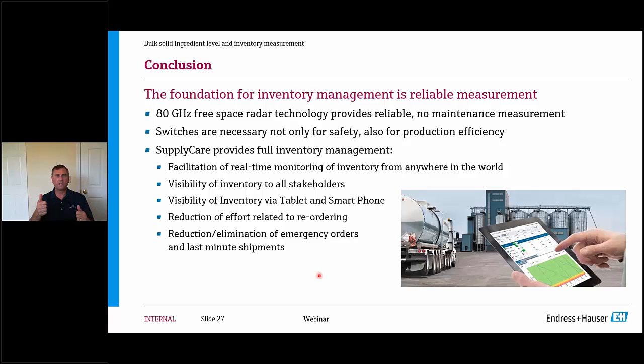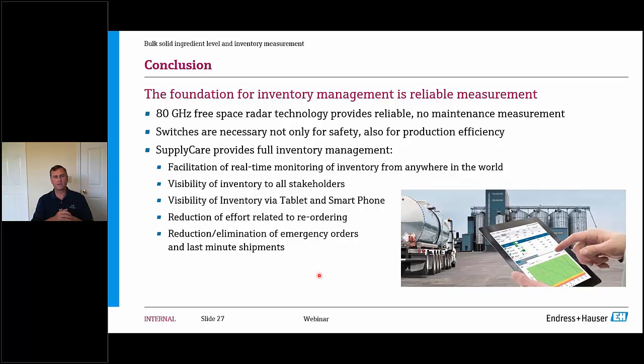Generally start with the 80 gigahertz free space radar, and if for some reason that may have restrictions to it, then you have guided wave radar, ultrasonic, or electromechanical as other options as well. And the switches, not only there for the safety, but also for production efficiency. Did you fill that silo up to the top level, or is there maybe additional space in there? Are we at the low level right now? We're about to run out, so there's a lot of aspects to that.